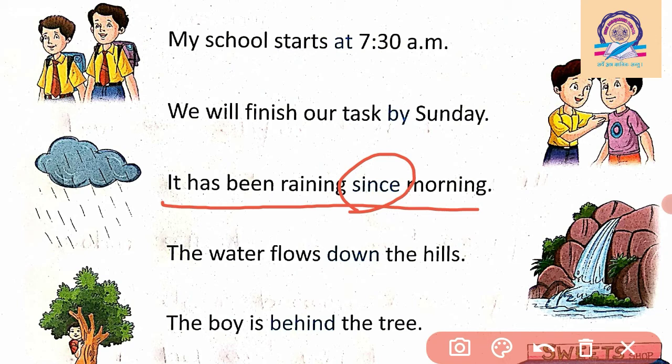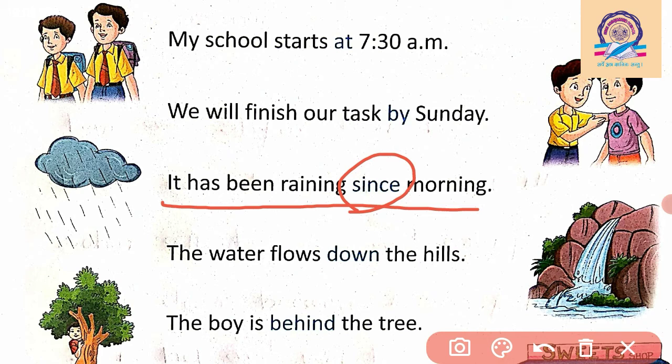To show that the work started and is continuing, we have to use since and for. Since is the proper preposition to show that the work has been going on for a long duration of time.